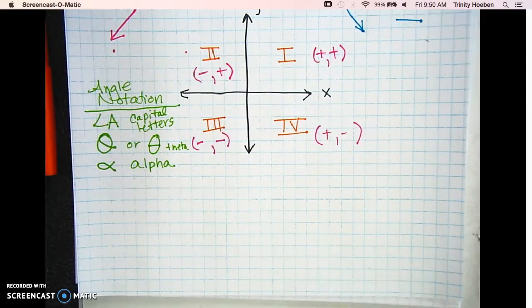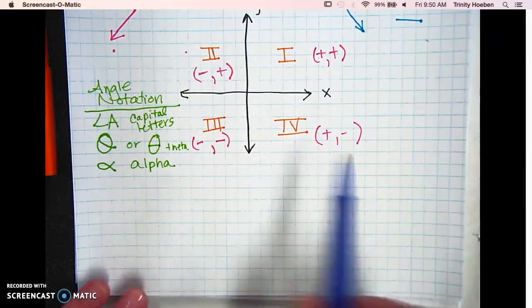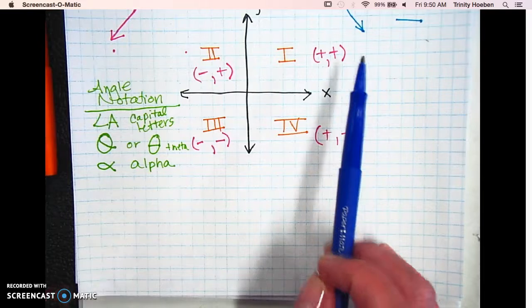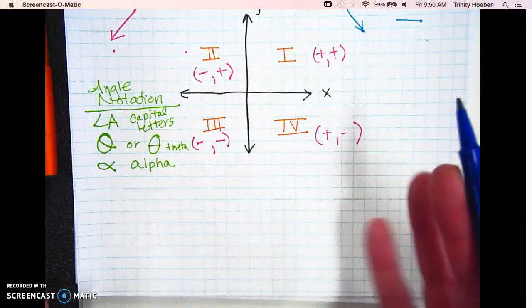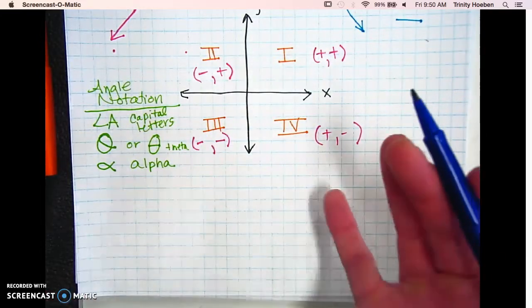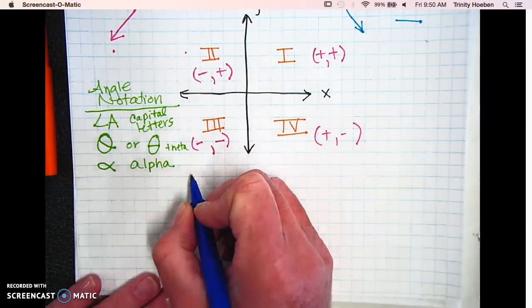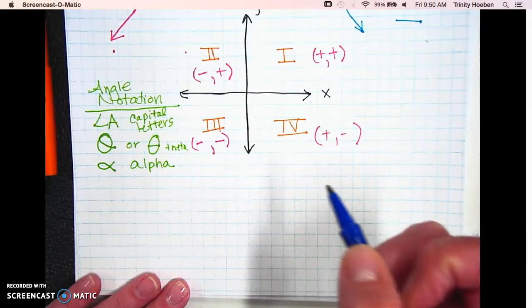Some of the questions on your assignment are going to tell you a certain amount of degrees, and then you're going to say which quadrant it's going to end up in. Every once in a while, the angle is going to end up on an axis.